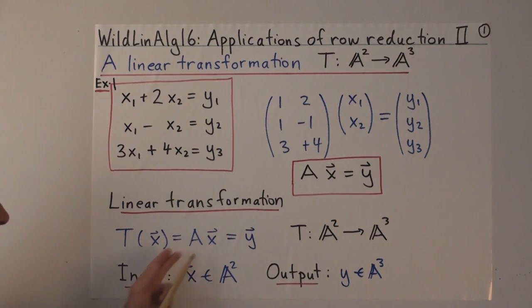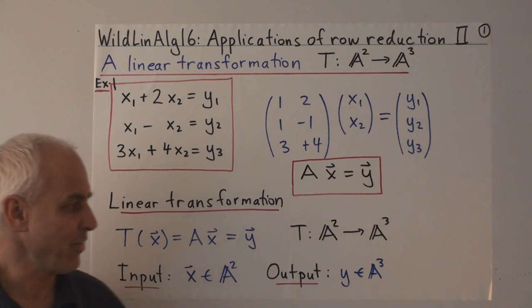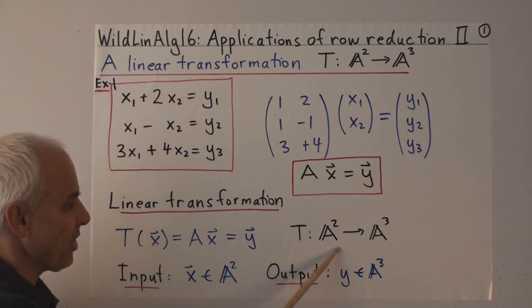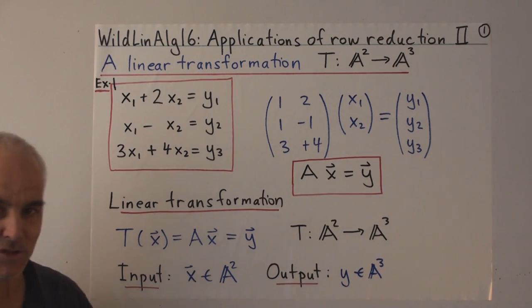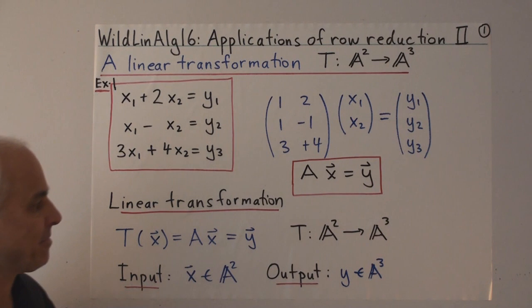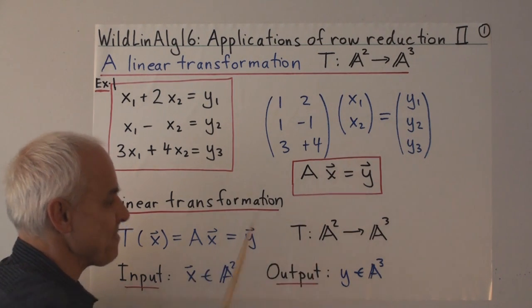applying the matrix, so multiplying the vector x by this matrix, let's call it A, and that gives us the vector y. So we can think of this as an input-output situation where we're starting with a vector in two-dimensional space, which I might write A2 for affine two-dimensional plane. So there's our vector x right there.